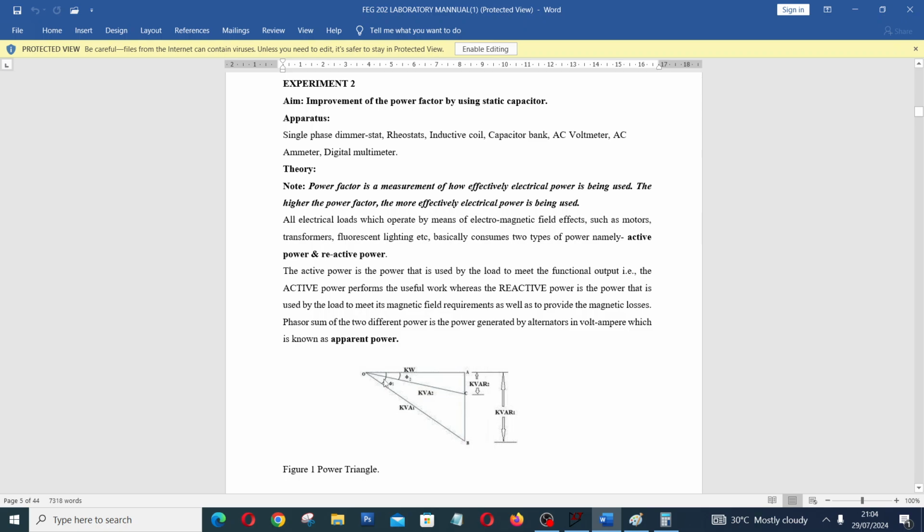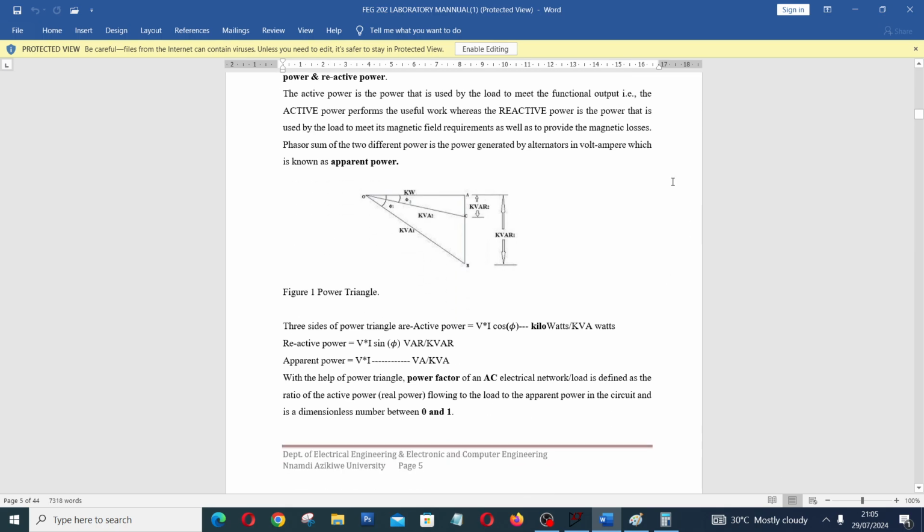Remember, when you have 0 degrees as the phase angle between the voltage and current, that means the power factor becomes 1. Just like in the case of the resistive load that we did the other time, when the power factor is given as 1. So when you are improving power factor, you are reducing the kVAR and you are reducing the phase angle that separates the two of them.